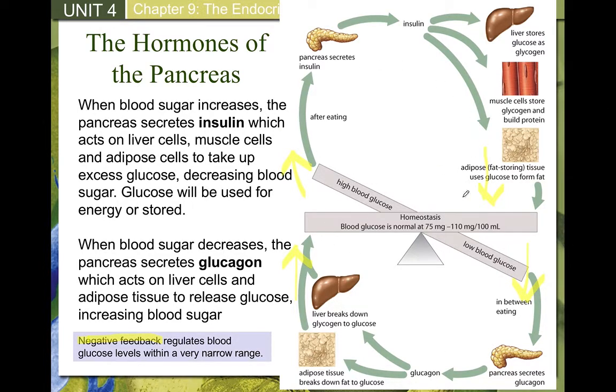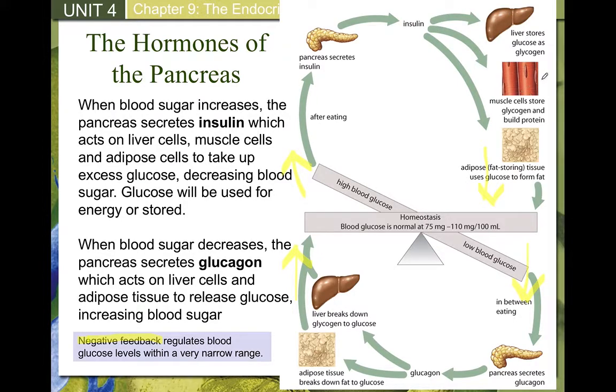So let's just quickly review this diagram. After you eat, your blood sugar spikes. So there's an increase, and you're past that tolerable range. The pancreas is going to directly respond by secreting insulin. When that insulin is flowing through the bloodstream, it acts on cells to take in that glucose. Liver cells take glucose in and store it as glycogen.